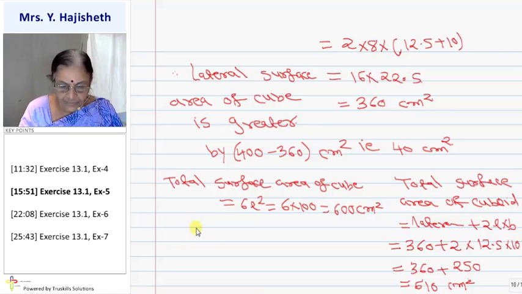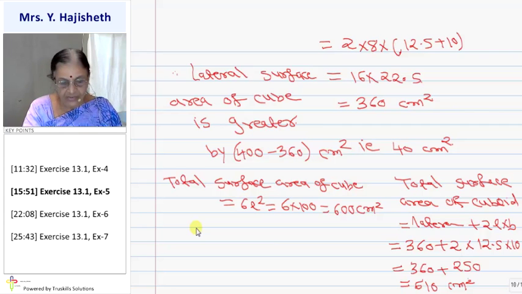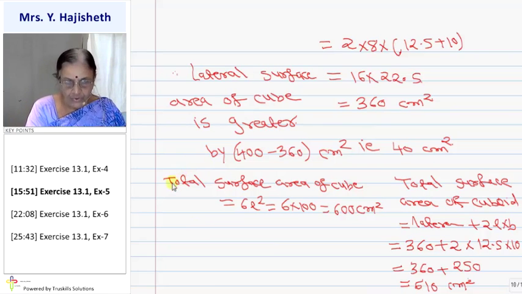So total surface area of cuboid is greater. Smaller is what was asked, right? Which box has a smaller total surface area? So cuboid has a greater total surface area by 10 centimeter square. Right? Which box has a greater lateral surface area? So cube. Clear? And which box has a smaller total surface area? So I can write cube. What came for the cube? 600, for the cuboid 610.